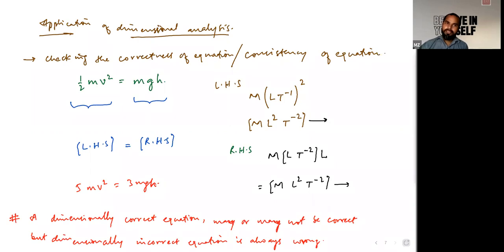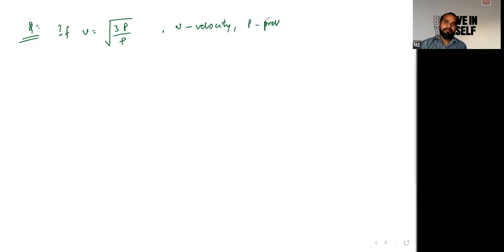Okay, the next part. I'm giving you one more problem related to this. If v is equal to root under 3 times p over rho, here v is velocity, p is pressure, and rho is density.